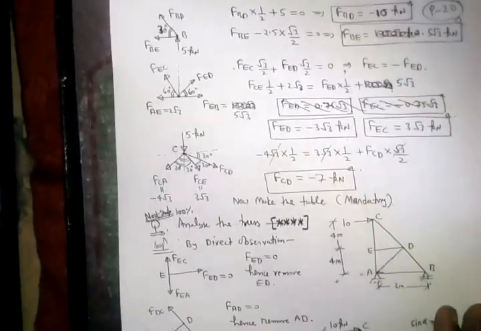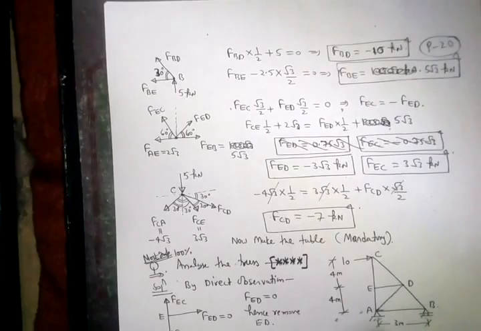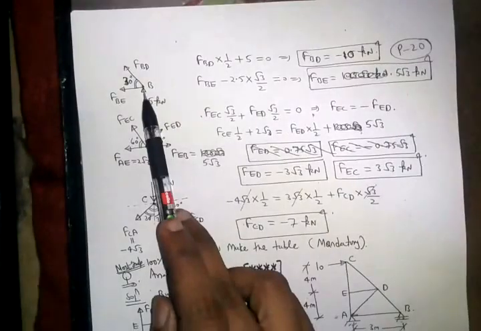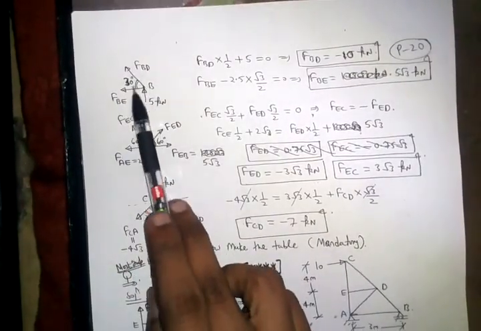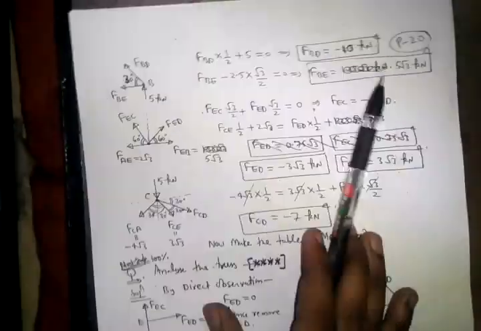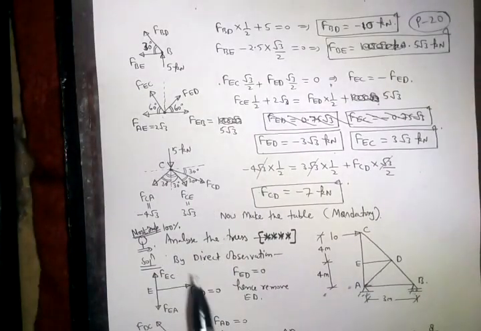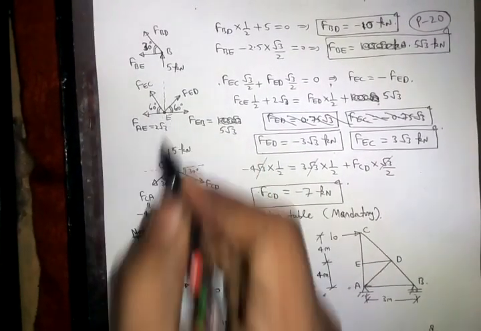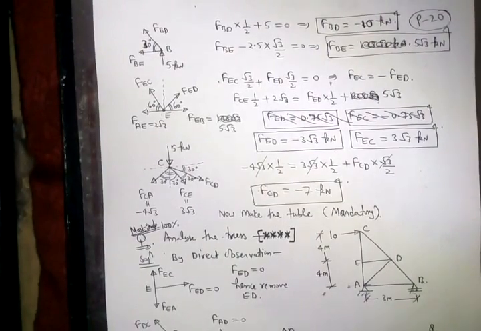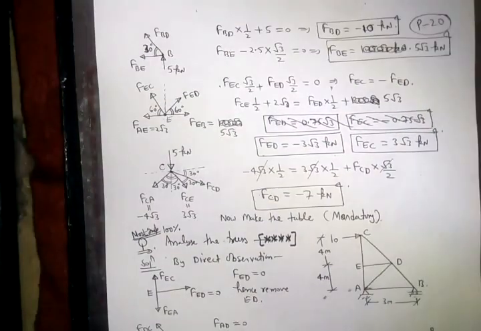Now joint B, we can proceed. I have taken this joint E, right? I have shown all the forces, and similarly we can find out.